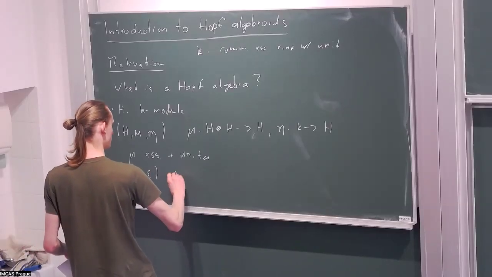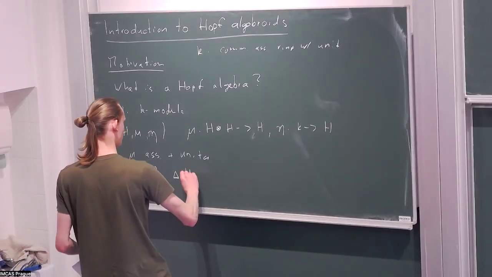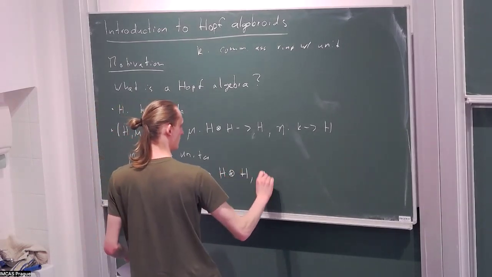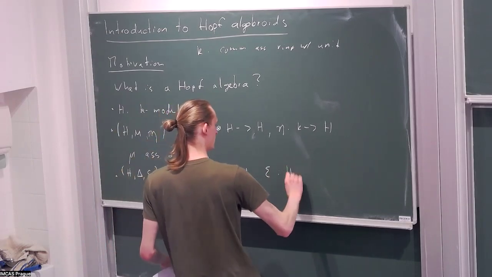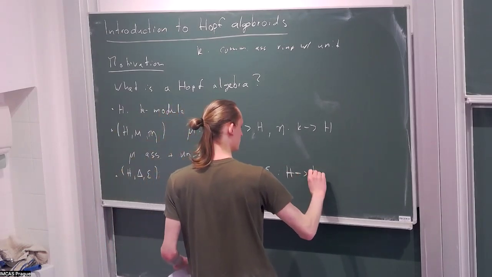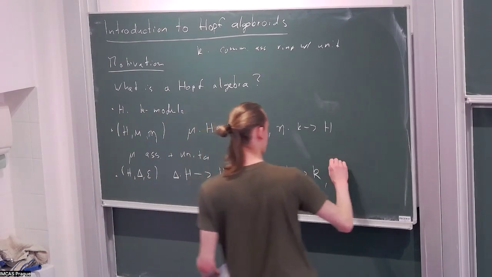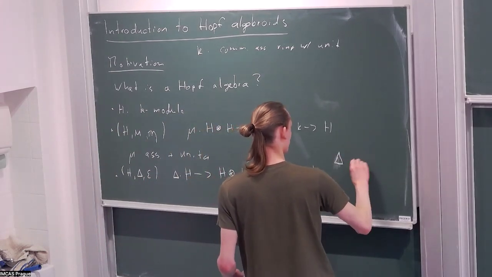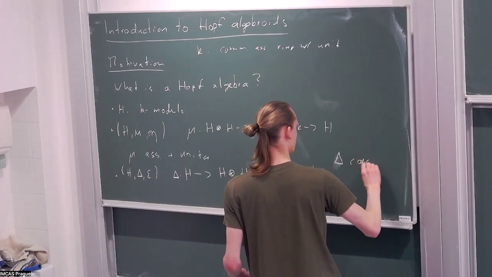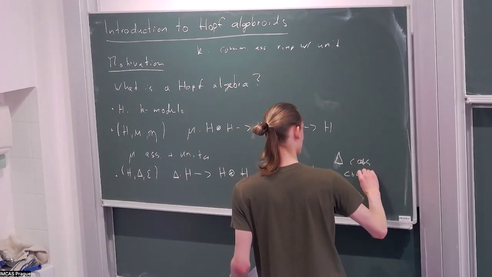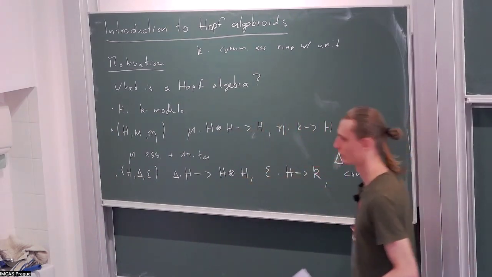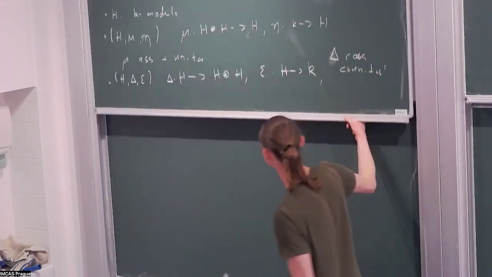So here, delta is a map from H to H tensor H, and epsilon is a map from H to K. And delta is co-associative and co-unital. So I assume you know what these words mean. I don't have to explain them.